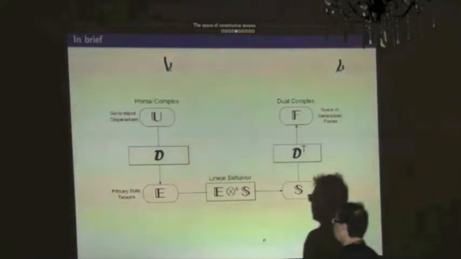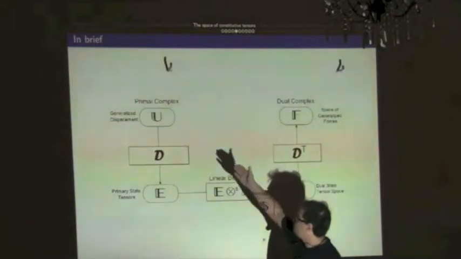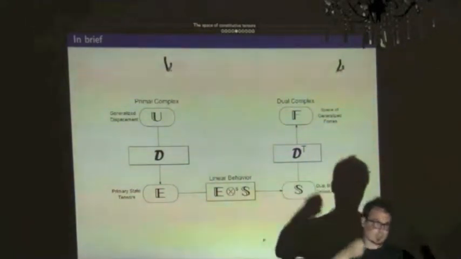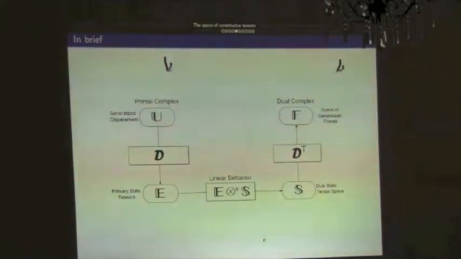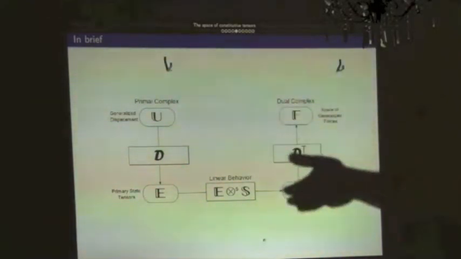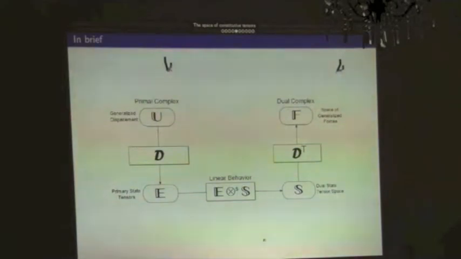If I make just the primal complex, that's the generalized kinematics, and the dual complex, which is the generalized statics, I describe, in fact, the structure of my theory, but it's a kind of canonical one, because at this level, since I don't associate a relation from generalized stress to generalized strain, I don't have any behavior that relates the two.